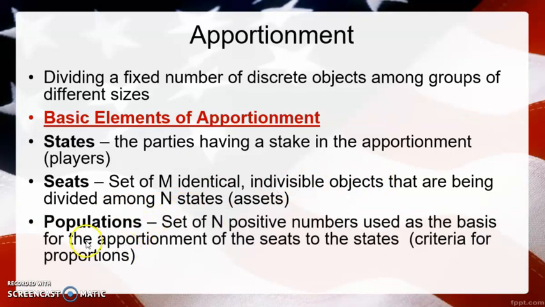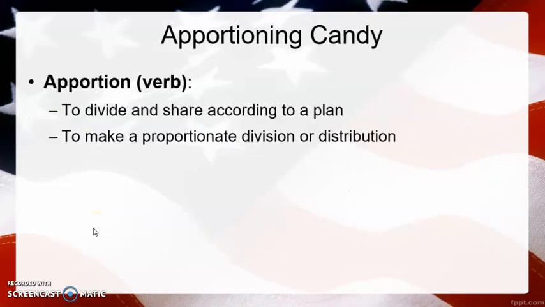And the third part is the populations. That is the set of N positive numbers used as the basis for the apportionment of the seats to the states. So in our example, the population would be the number of students on each campus.